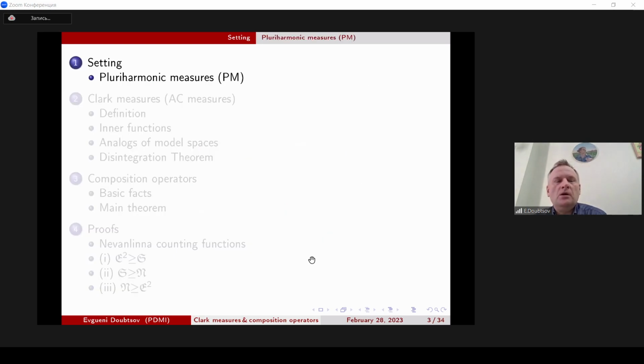Now I'll also use the notion of so-called pluriharmonic measures and the corresponding set capital PM, just pluriharmonic. Those are not the measures from the pluripotential theory, whatever it means, but the definition is quite straightforward and simple.